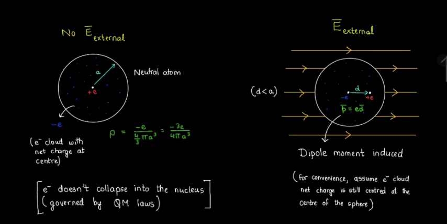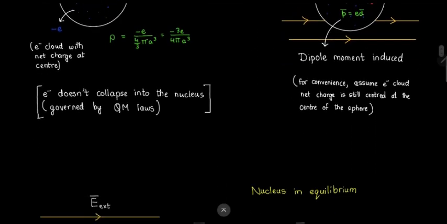So because of some external applied field, a dipole moment is induced. So this is one concept. If you apply an external electric field, a dipole moment is induced in a neutral atom. Okay, now what do we do with this?